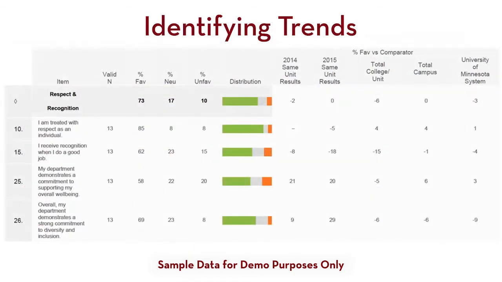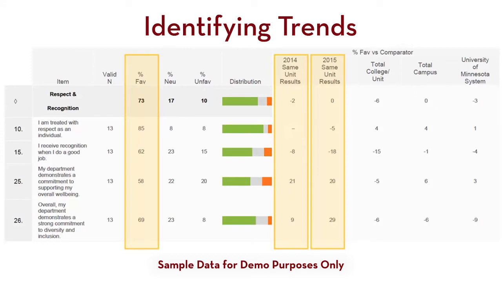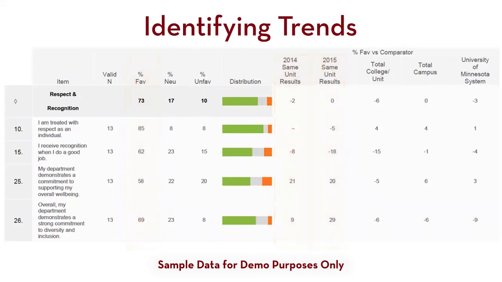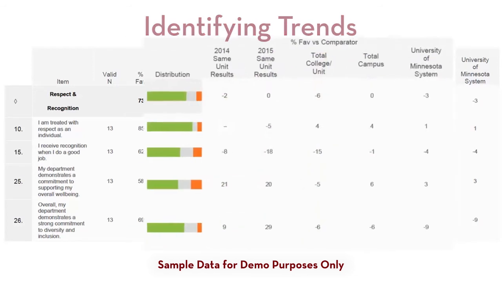Seeing the changes of the same data collected over a period of 3 years, 2014, 2015, and 2017, will help you identify overall trends. We have 2 years of trend data where available. Trend 2014 shows the change in favorability from the 2014 survey, and Trend 2015 shows the change in favorability from the 2015 survey.